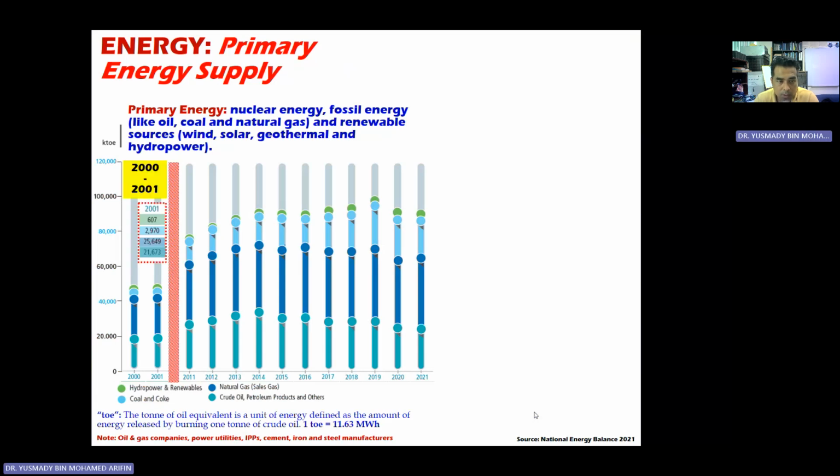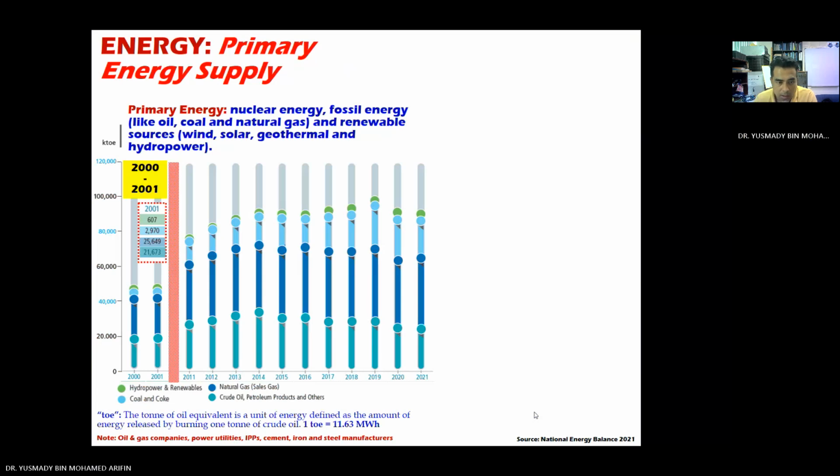So if we look at 2001 in terms of amount of energy supply, natural gas of course is the highest one, followed by crude oil and petroleum product, then number 3 coal and coke, and the last one is energy supply from hydropower and also renewable.